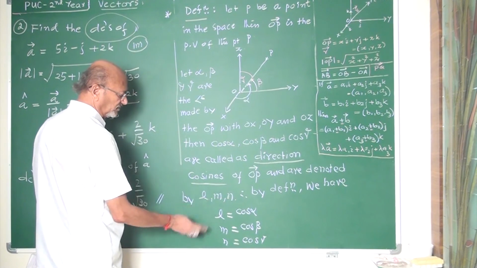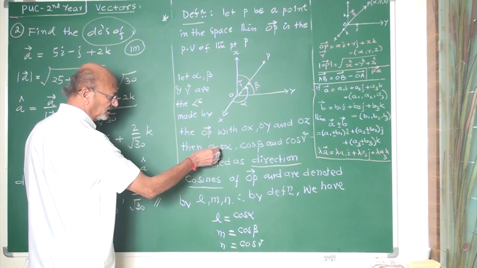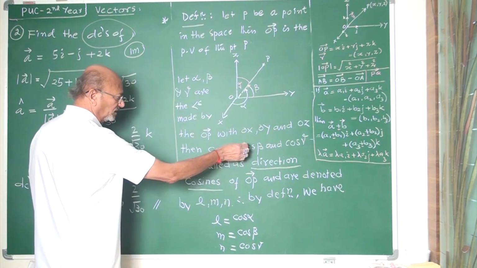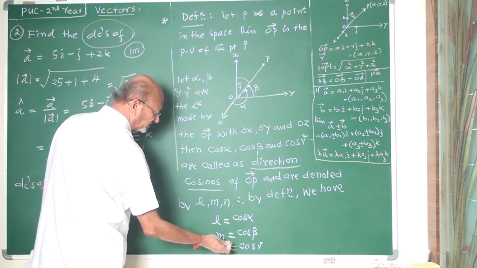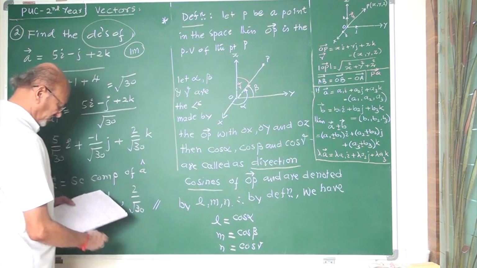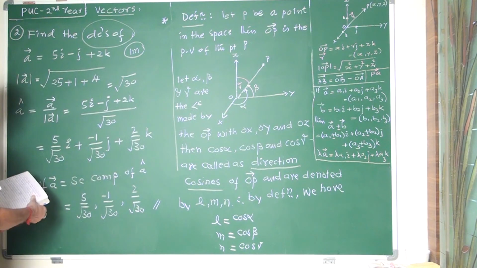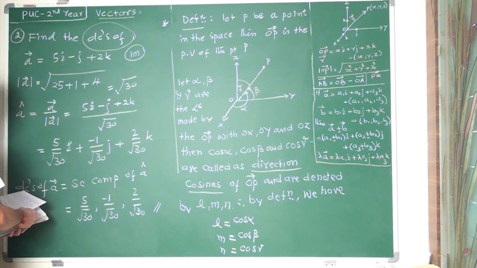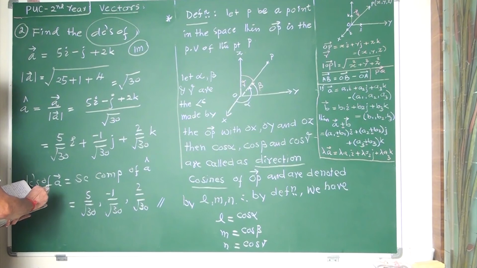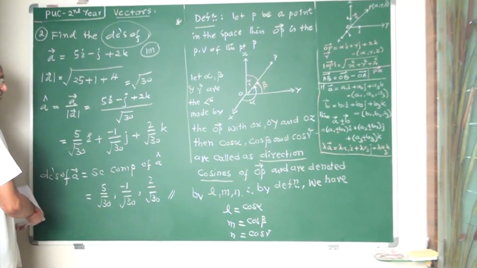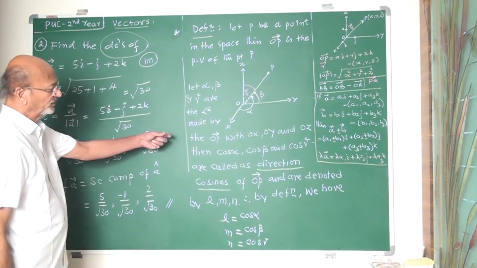Therefore, by definition, l is cos alpha, m is cos beta, n is cos gamma. I have written the same thing here. Now you copy it.